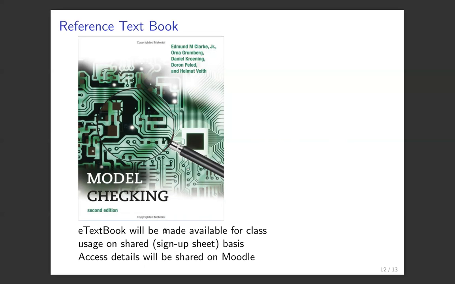There are two copies in the library, but there is also an e-textbook version for which I had a subscription. I will see if that subscription is still available, and I will share the login details for that, so you can log in and use it.